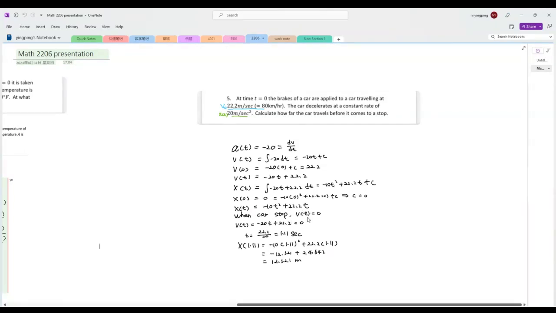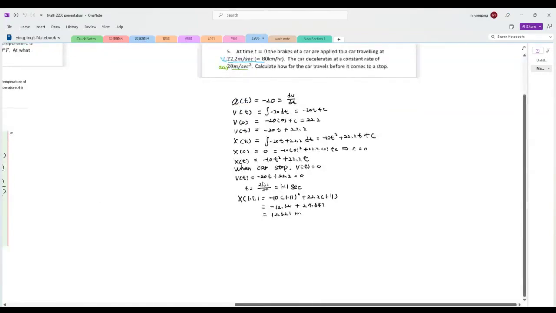When the car is stopped, v(t) is equal to 0, so negative 20t plus 22.2 equals 0. The t is equal to 1.11 seconds. So plug in the 1.11 to x(t), we can get the position is 12.321 meters.